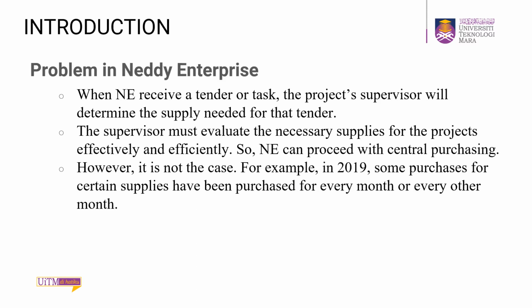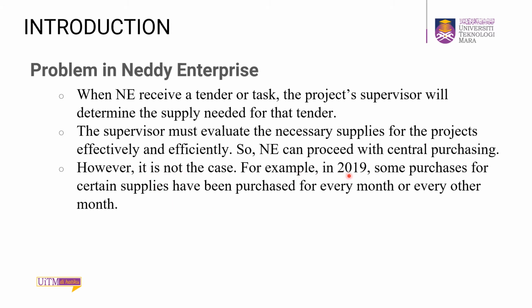So what happens in NADI Enterprise? When the enterprise receives a tender or task, the project supervisor will determine the supplies needed for that tender. The supervisor must evaluate the necessary supplies for the project effectively and efficiently. The enterprise can then proceed with central purchasing, which goes through the procurement process. However, that is not the case.